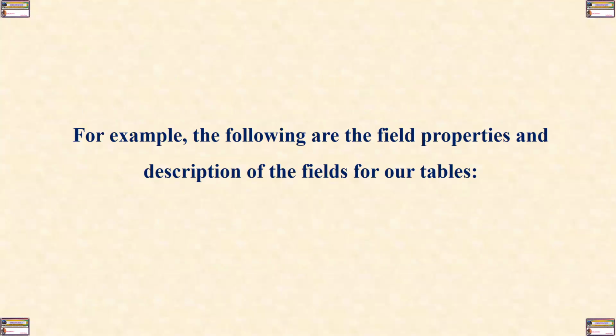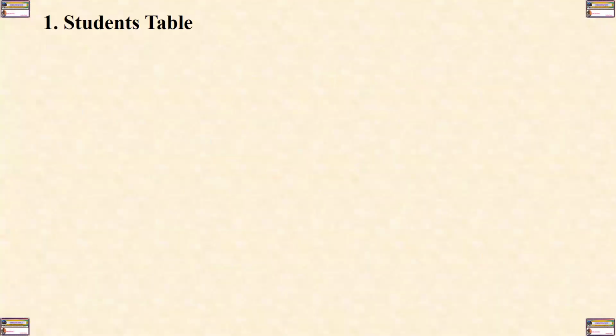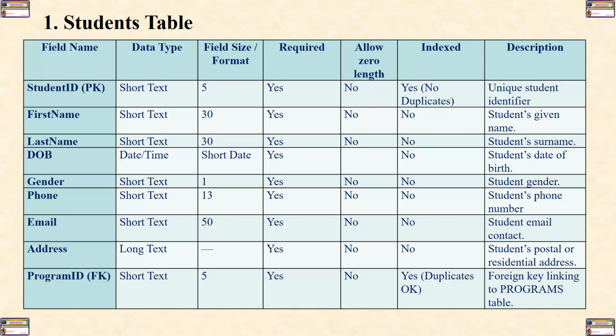So the following are the properties and descriptions of the fields for our tables that we are going to set the properties for. The first one is the students table. For our students table, we have the following fields: student ID, first name, last name, date of birth, gender, phone, email, address, and the program ID.